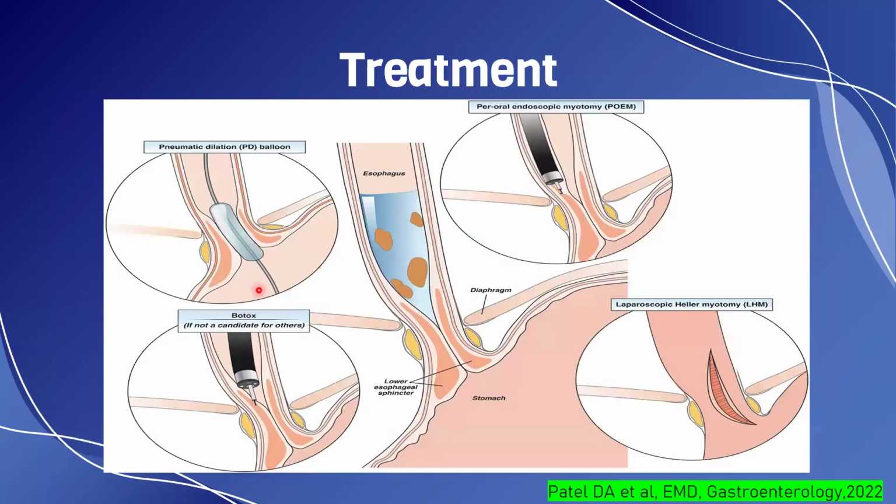This is the pneumatic dilatation. So for the dilatation, you basically use balloons of usually 30 mm, and you can go up to 50 mm. So 30, 40 and 50. The pressure that you use is measured in pounds per square inch, PSI.